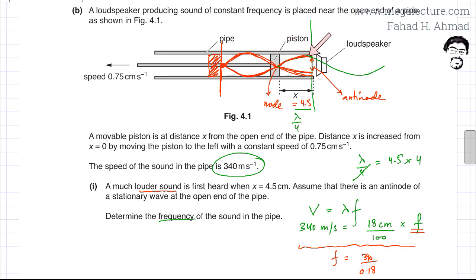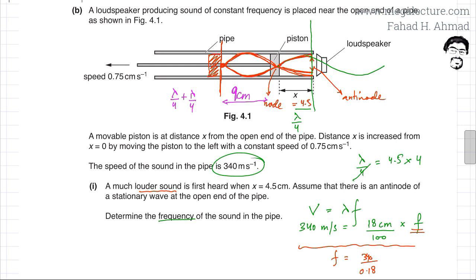This is a quarter wavelength. This is another quarter wavelength. This would be equal to 9 centimeters. This distance from the first position of the piston to the second position of the piston would be 9 centimeters. It's basically lambda by 4 plus lambda by 4.